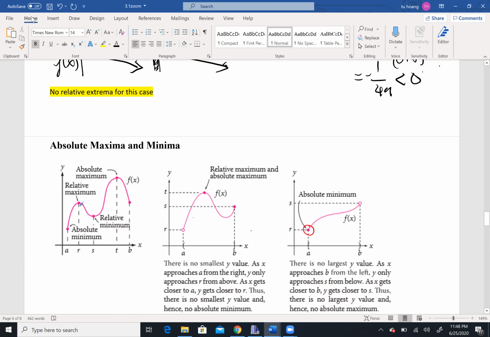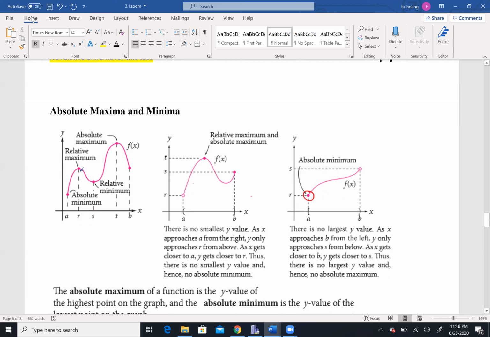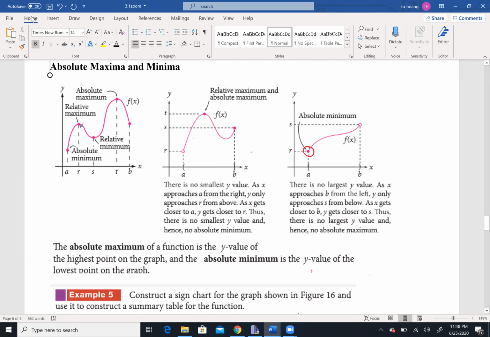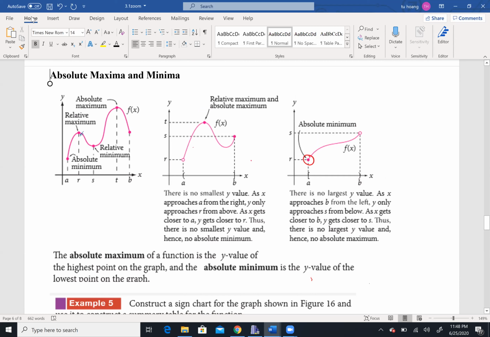Almost there. So now I'm going to talk about absolute maxima and minima. Absolute maxima is the highest value of y.